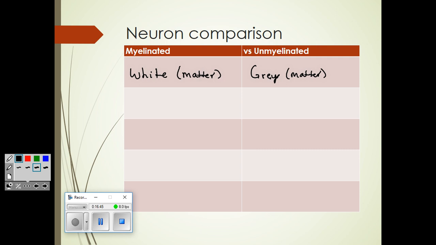Now, if we ask ourselves where we might find myelinated and unmyelinated neurons, in general, in your PNS, all of the nerves should be myelinated. Yep.